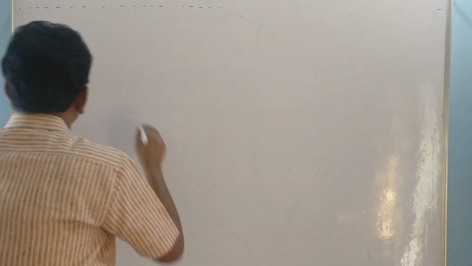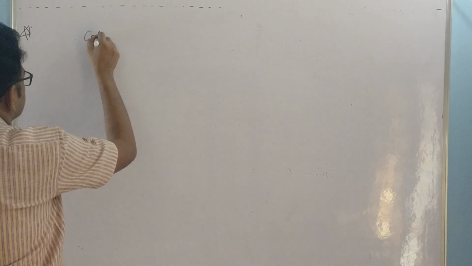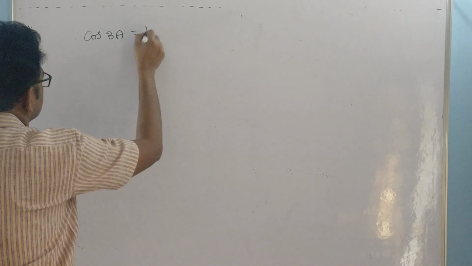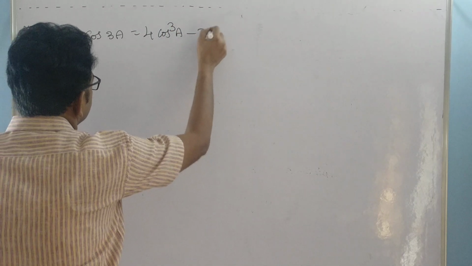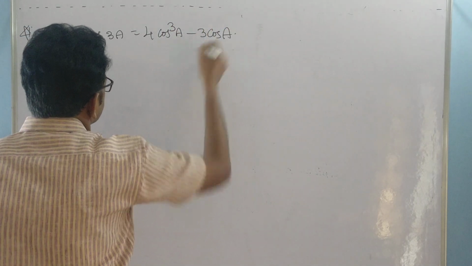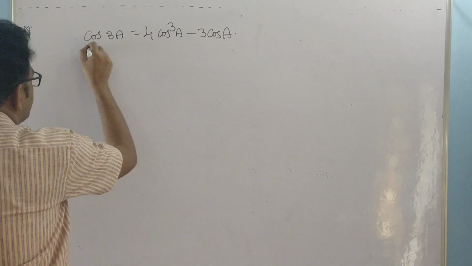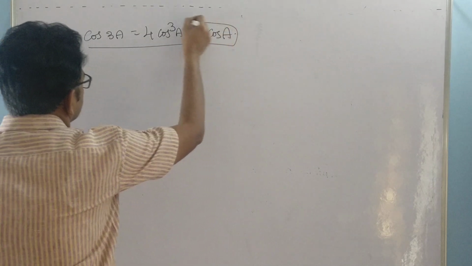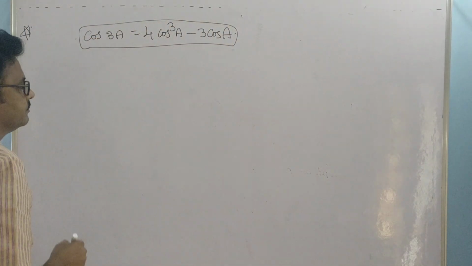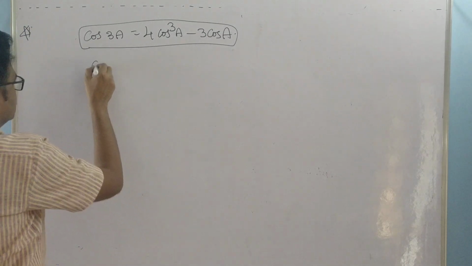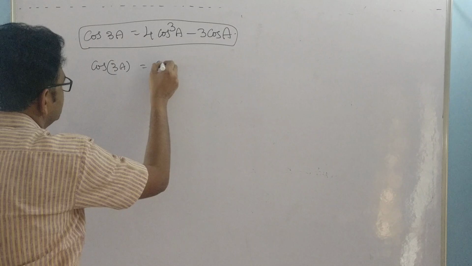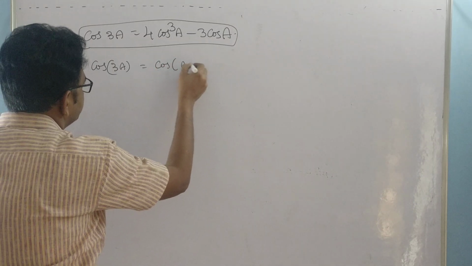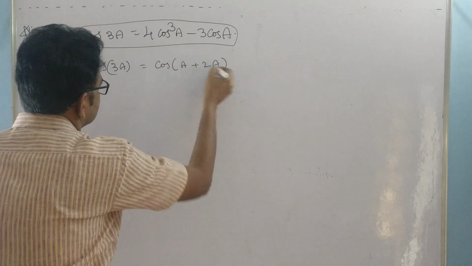Next one, cos 3A is equal to 4 cos cube A minus 3 cos A. So the cos 3A formula. This is also cos 3A is equal to cos of A plus 2A.